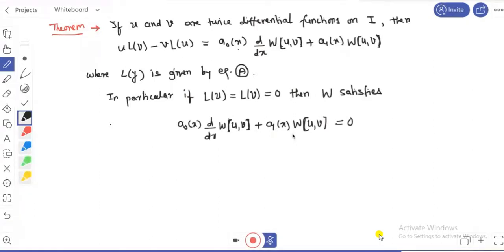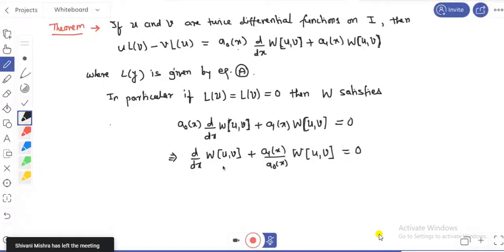Try to see that this is also d over dx of Wronskian of uv plus a1x over a naught x times Wronskian of uv, that equals to 0.